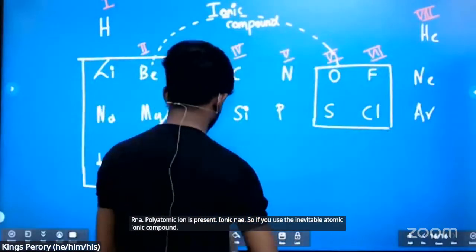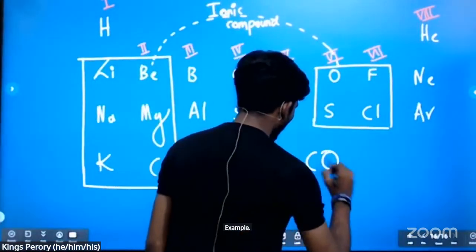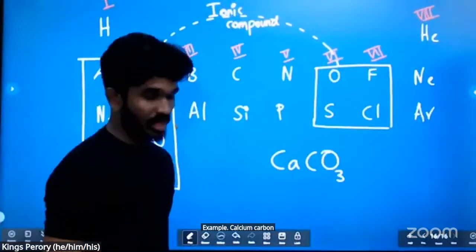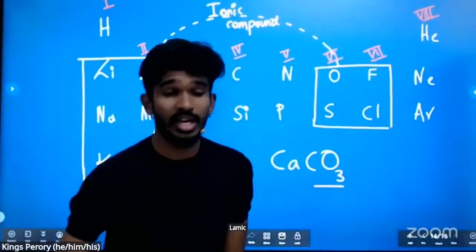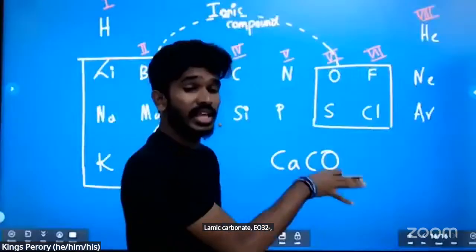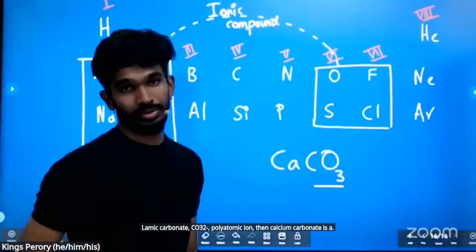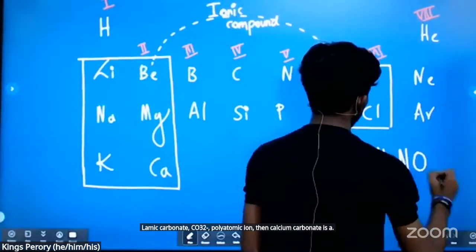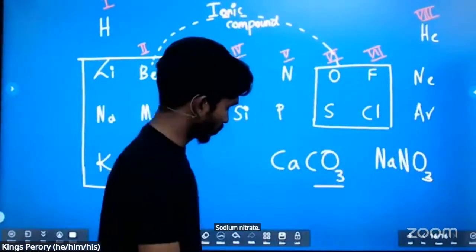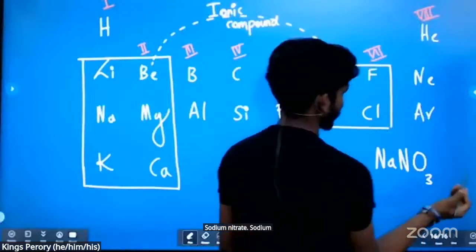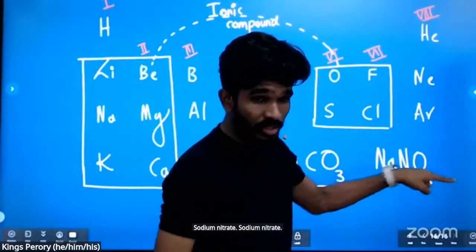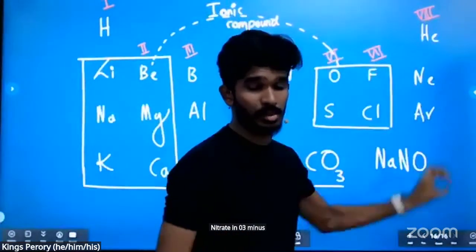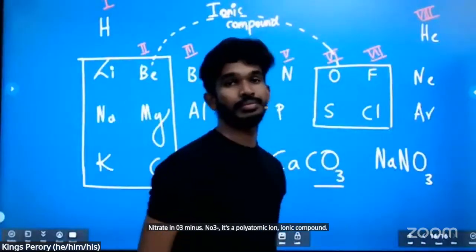Example, calcium carbonate. Carbonate, CO3 2 minus, polyatomic ion, then calcium carbonate is an ionic compound. Sodium nitrate. Nitrate, NO3 minus, it's a polyatomic ion, ionic compound.